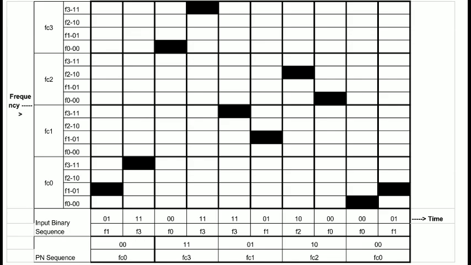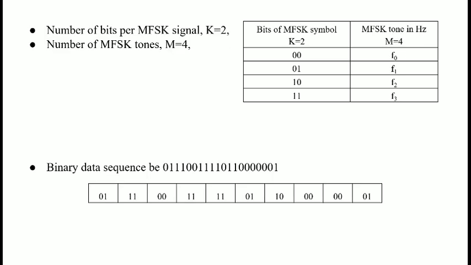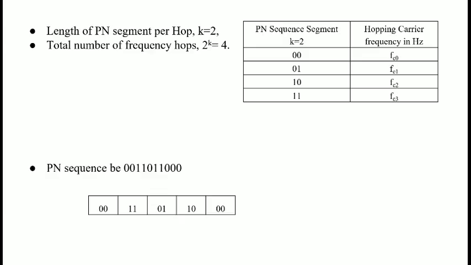Again, each of these FC0, FC1, FC2, and FC3 frequencies we divide into 4 sublevels, because we have 4 MFSK frequencies, that is F0, F1, F2, and F3.